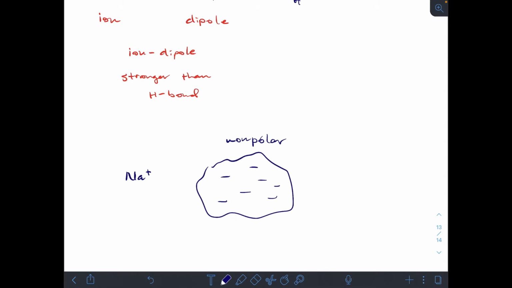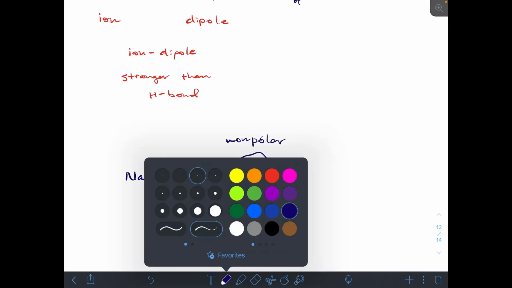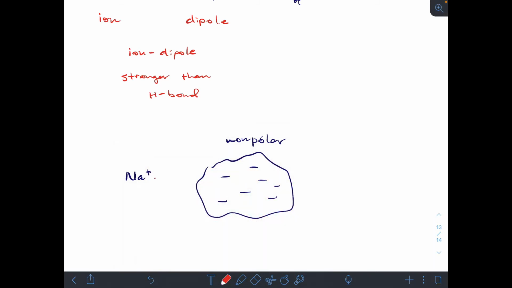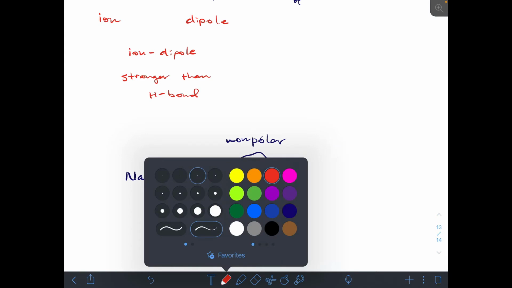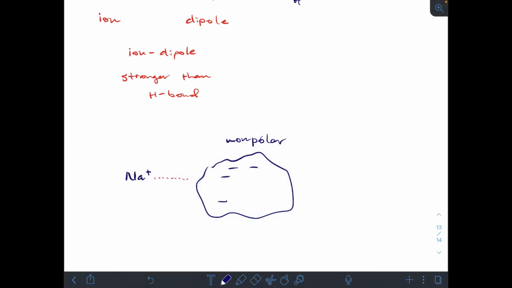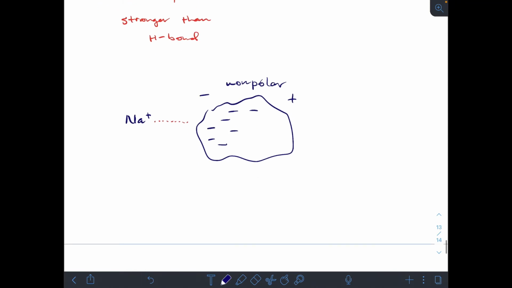But electron clouds are polarizable. So what's going to happen is my sodium is going to be attracted to the electrons, and it will actually pull the electrons all over to one side and polarize the cloud.